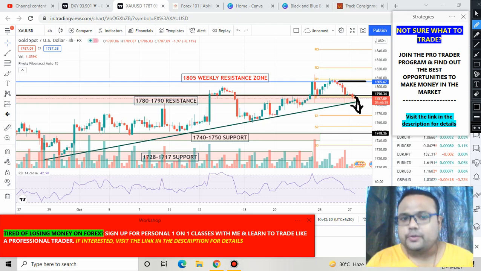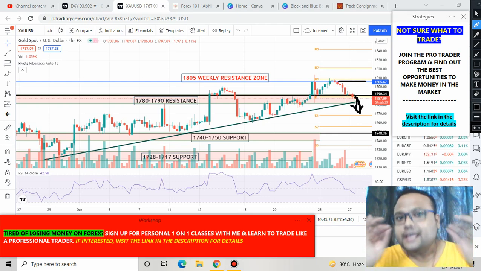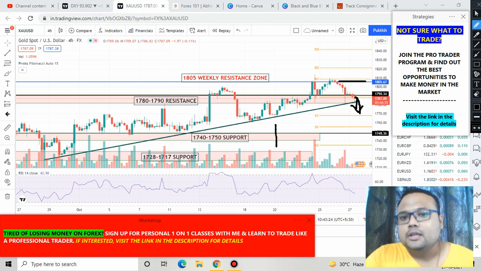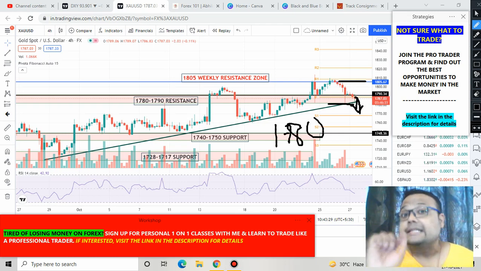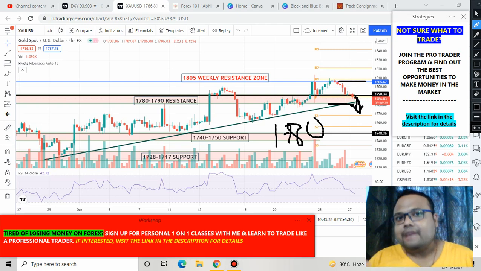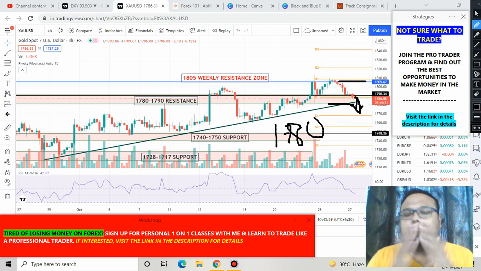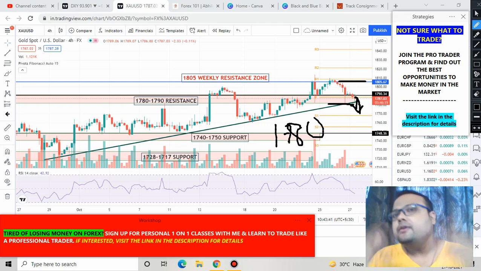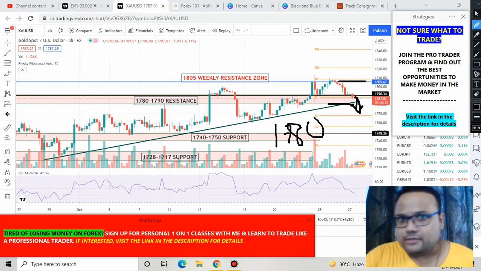But if you are an experienced trader, yes, you can take a sell position below 1780 if you see good selling pressure below this level, because if there is sudden selling pressure at the 1780 level, then obviously the market will be going down. But for beginners and new traders it may be difficult to identify the trend, so they can avoid it and should only focus on buying above the 1790 level.